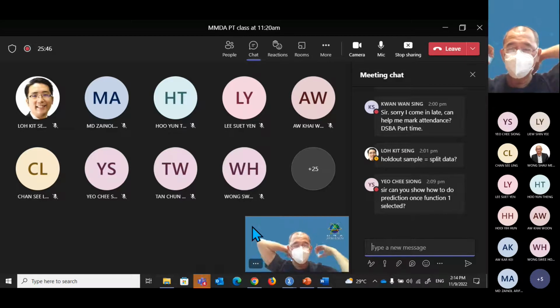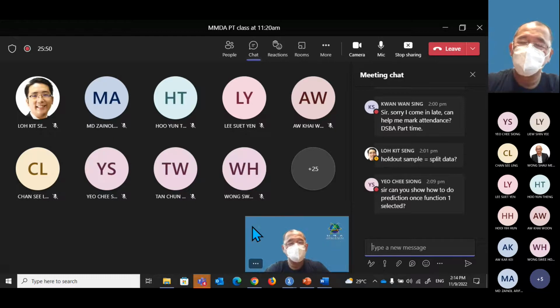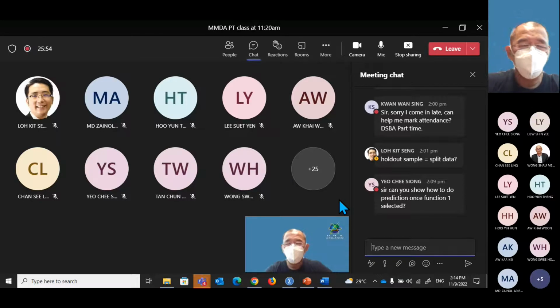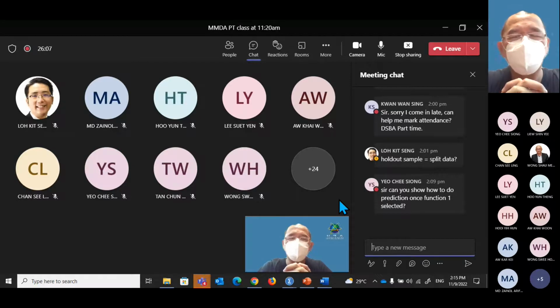You want to know how to do prediction once function 1 is selected? How to predict function? What do you mean by this? Explain a bit more. What prediction do you want? You mean the hit ratio or what?